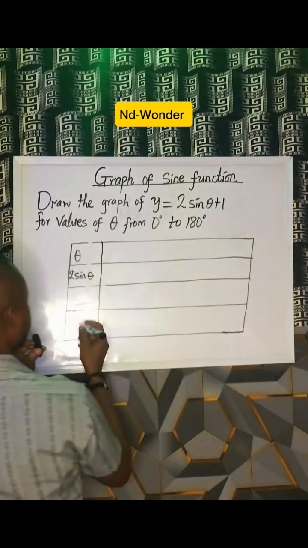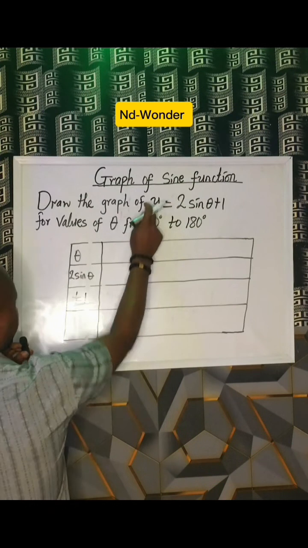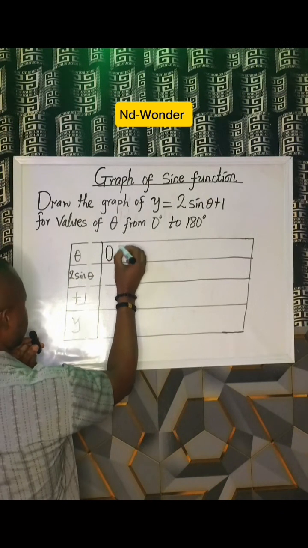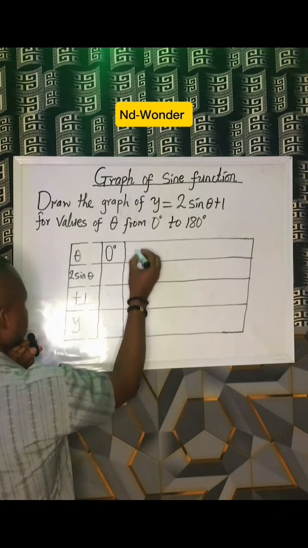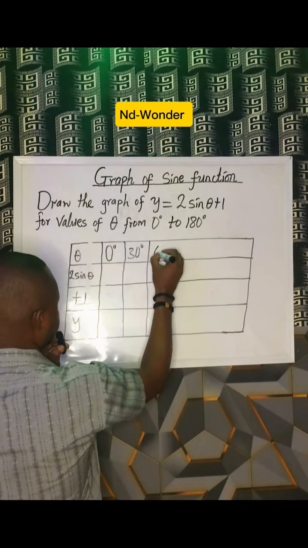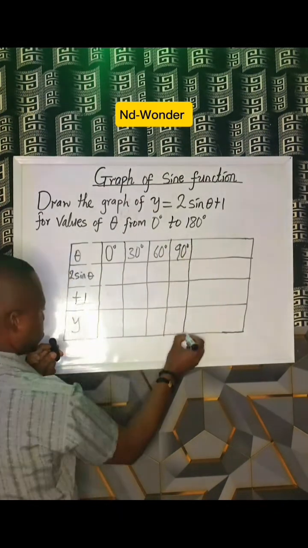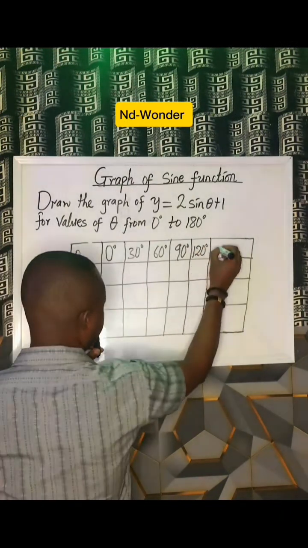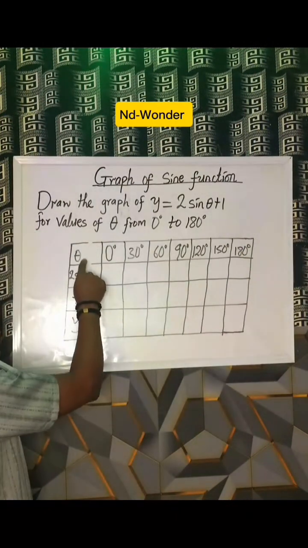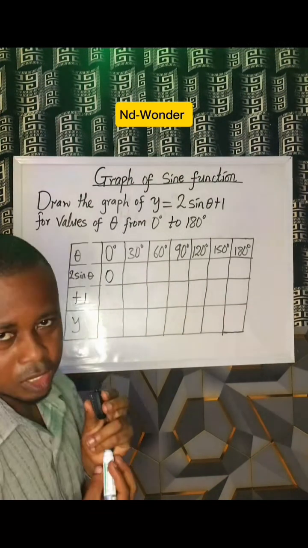When we have the vertical shift, which is plus 1 here, then the y, then our theta we can say from here 0, 30 degrees, 60. If our theta is 0, 2 sine theta will be what? 0. Yes, it's obvious.